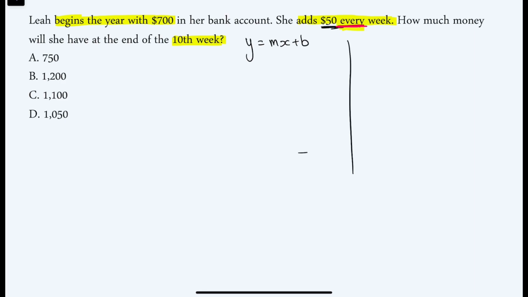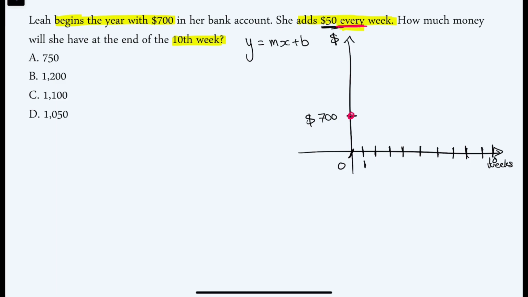Okay, well, if we look at it graphically, we're starting with $700. And if we put dollar amount here, and weeks here, then at week 0, we're starting at $700. And every single week, we add $50. So week 1, 2, 3, 4, 5, 6, 7, 8, 9, 10.